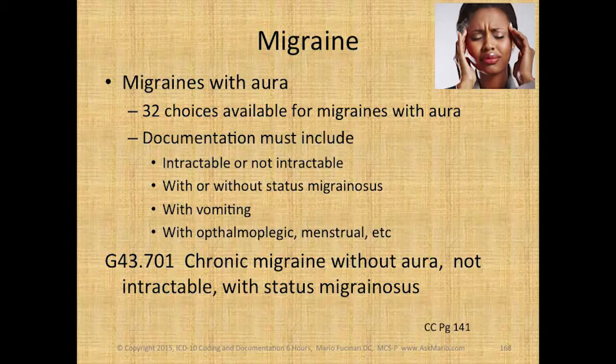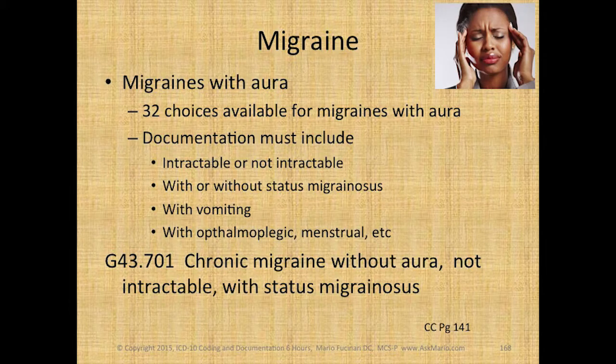All right. Okay, migraines, I can't go through all the migraines here, but what I wanted to point out with migraines for you doctors is that, with aura or without, for a migraine headache as an example, there are actually 32 different codes for migraine headaches, okay? I happen to have them in my book, but the reason why I'm bringing it up is the documentation. And so now you're going to have to be more specific on your documentation, all right?